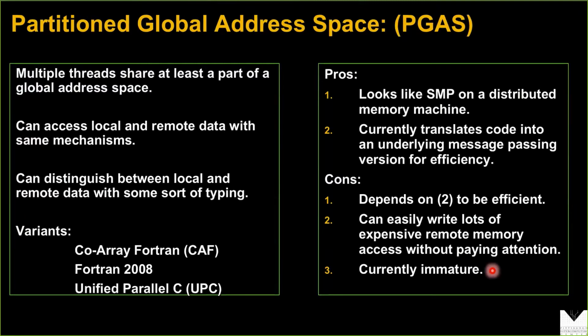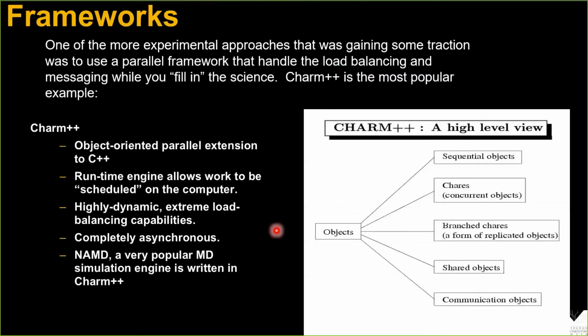Something that also kind of disappointed me for a long time until recently, in terms of it being a viable approach to avoid you having to write all this MPI code but still get the benefits from it, is to use a framework where somebody else wrote most of that code for you and you just come and drop in your science. And indeed, Charm++ is an MPI framework, basically, where you drop in your science.